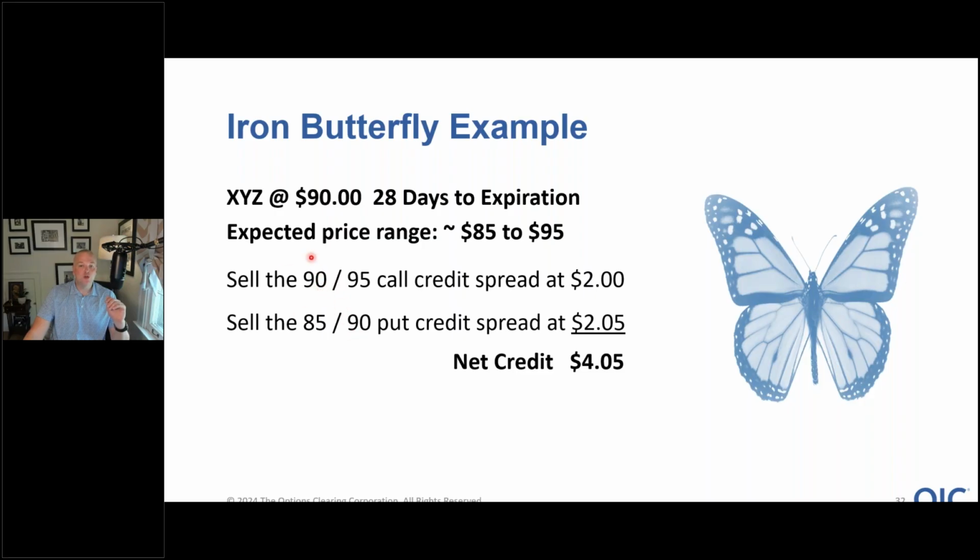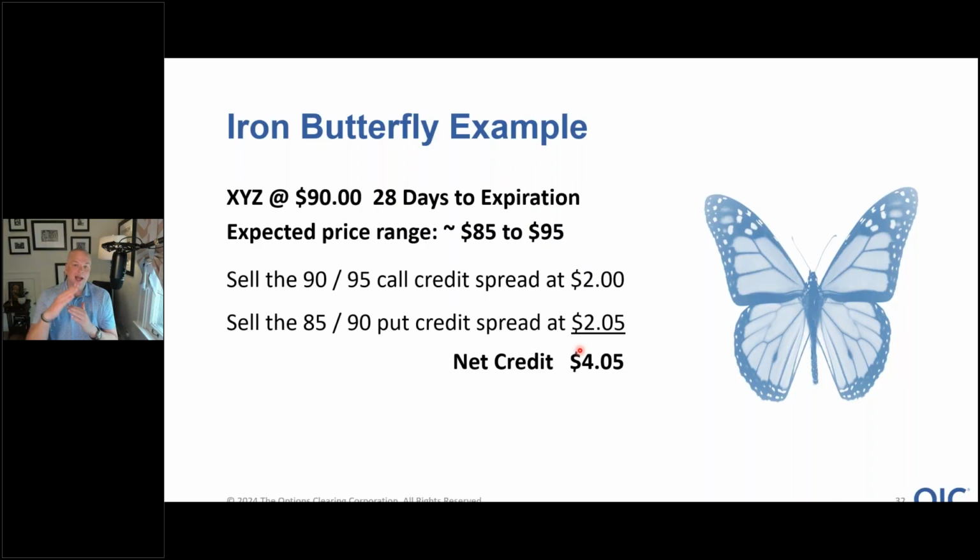You'll notice you're short both the 90 call and the 90 put. What we've done is we've taken out that plateau part of the P&L graph. Now, in exchange for taking that plateau part out and giving yourself more room and more of that cushion, what you end up with is obviously taking in more credit when you sell it.